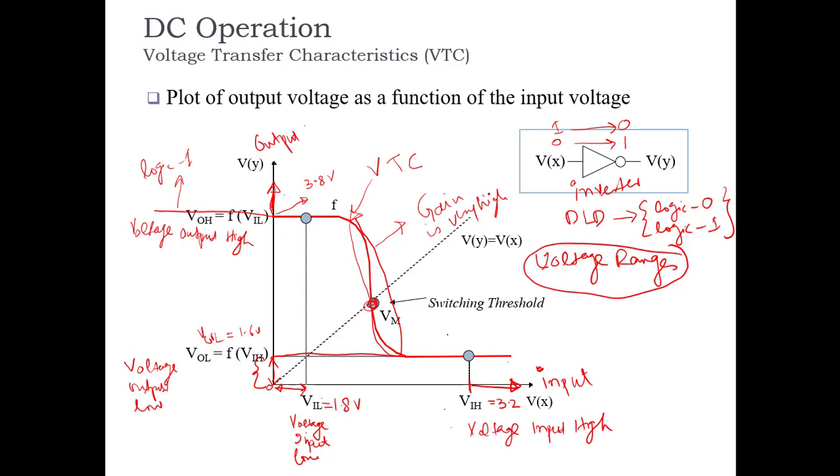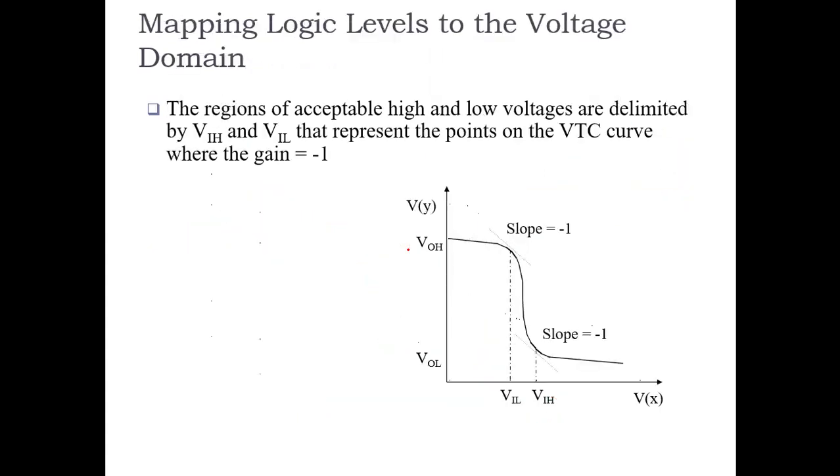In the region in between, you use the transistor as an analog component. If you are using it as an amplifier, you use it in this region.